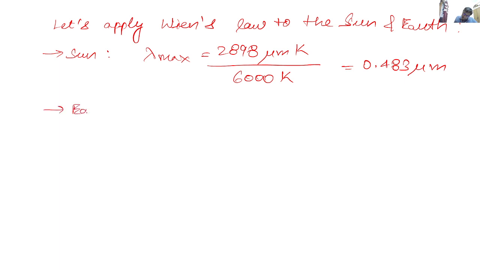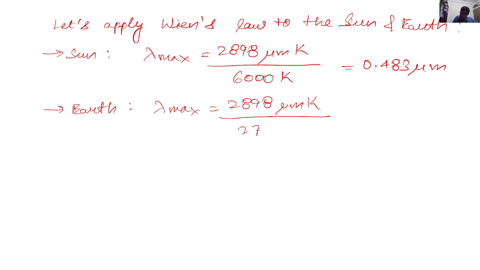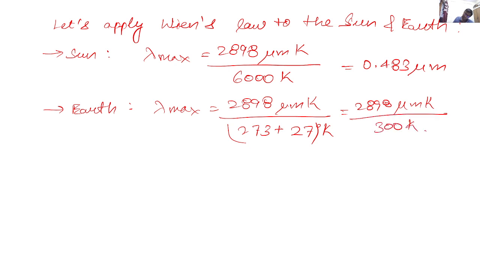Whereas for earth, lambda max would be again 2898 micrometer Kelvin divided by, let's take 27 degrees Celsius, so 300 Kelvin, which would come out to be 9.66 micrometers.